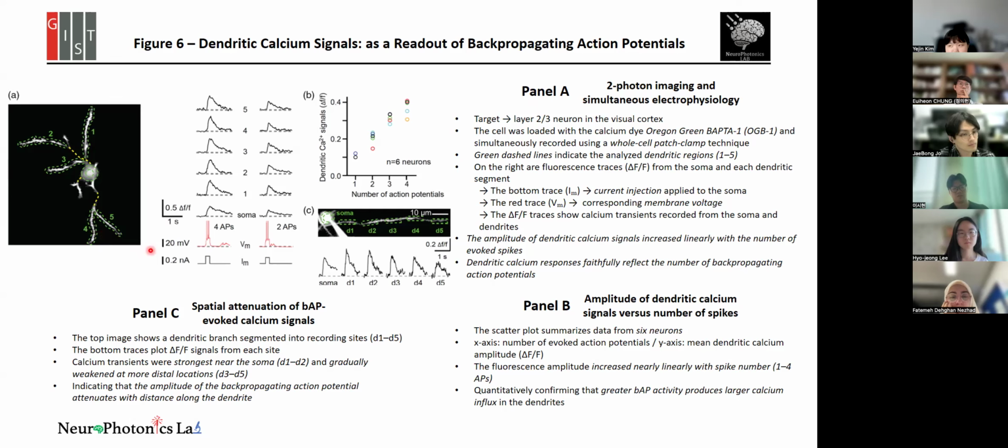And here the bottom trace represents the current injection applied to the soma, and the red trace shows the corresponding membrane voltage. And the fluorescence trace shows calcium transient recorded from the soma and dendrites.